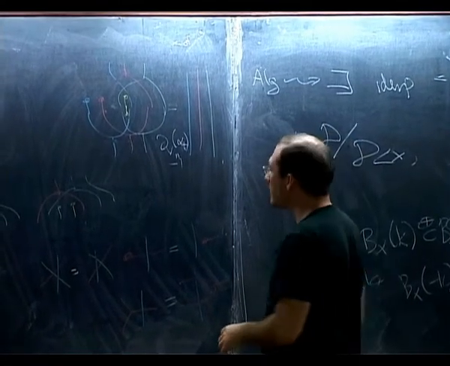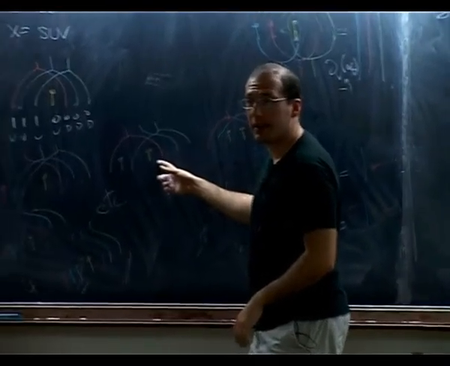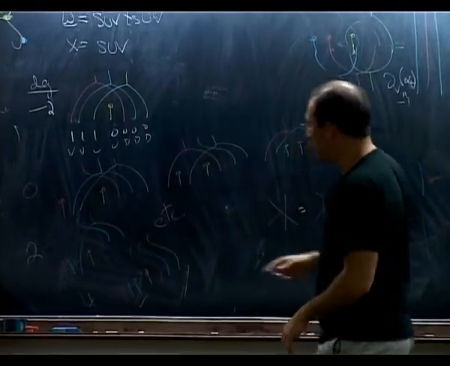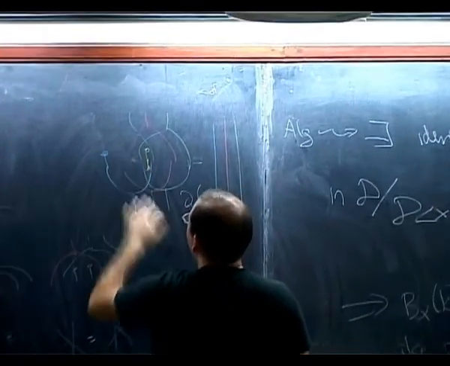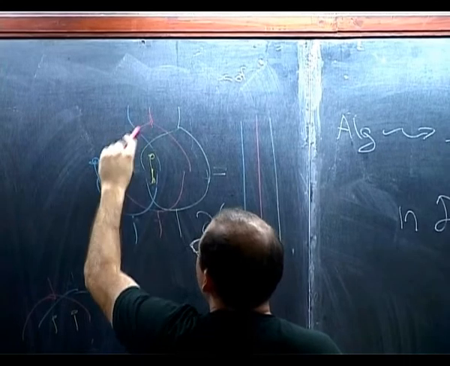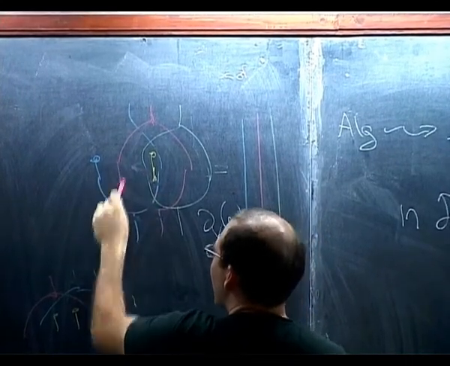Okay. Now, if you do the computation of this guy paired against this guy, okay, what do you get? Well, that's basically the same thing. In that case, this guy was like this on top, but on bottom it looked like this.